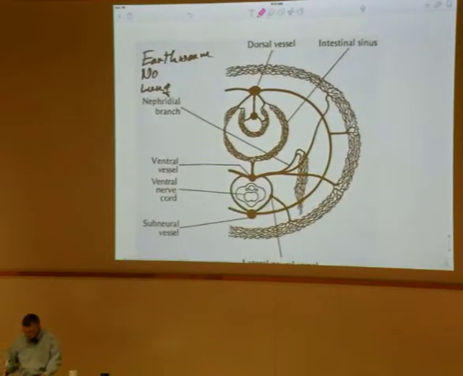If you're an earthworm with no lung, you're pumping blood through this ventral vessel. So blood is going out like so, and then into capillaries, and back to that dorsal vessel.